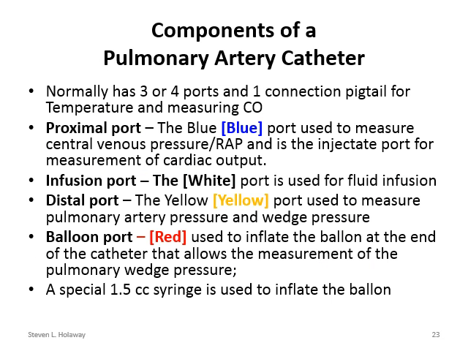Okay. So here's kind of the gist of it. Normally, these pulmonary artery catheters may have 3 or 4 ports and one connection pigtail for measuring temperature, which we have to measure to get the cardiac output. The proximal port, the blue port, is used to measure central venous pressure or right atrial pressure. It's also the injectate port for measurement of cardiac output, and I'll show you that in another slide.